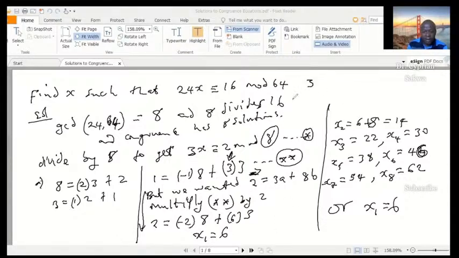So what would be the inverse of 3 using the Euler theorem? It will be 3 raised to φ(8) minus 1. So you only need to know how to find φ(8), and φ(8) is just 4.